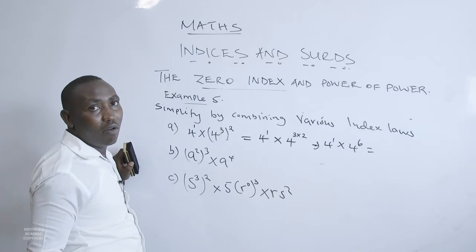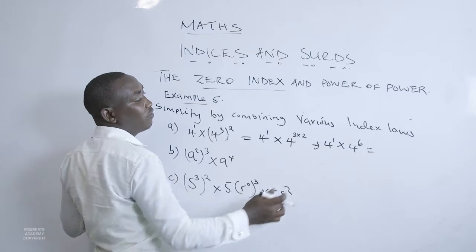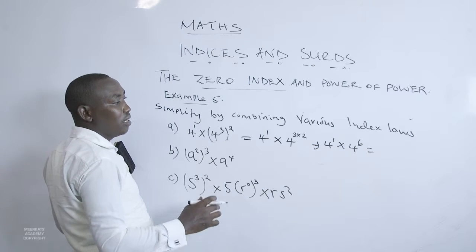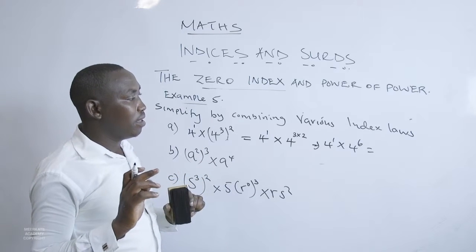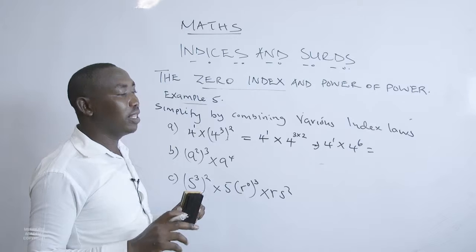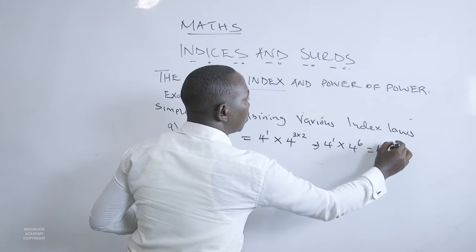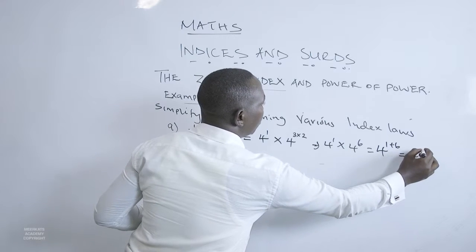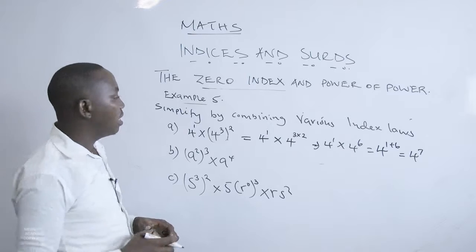Then the other law for multiplication comes in, where whenever we have equal bases or factors, then for you to be able to get the resulting power, we are going to add the powers. So this shall be 4 raised to 1 plus 6, which will be 4 raised to power 7.